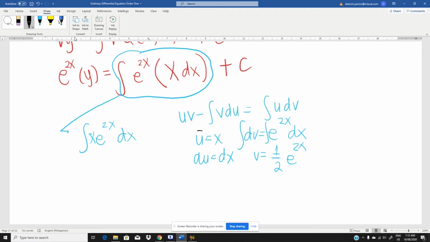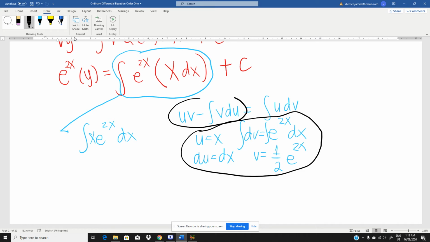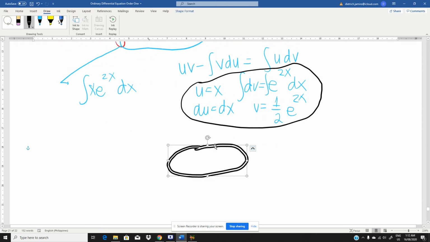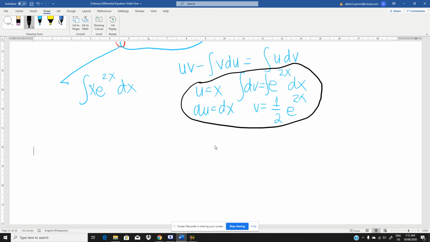Substituting our variables into the formula, we will have u times v, which is 1 half x exponential of 2x, minus 1 half the integral of e raised to 2x dx.